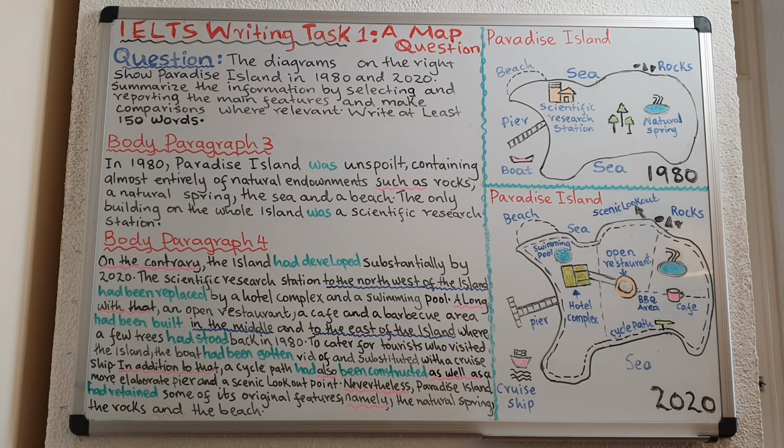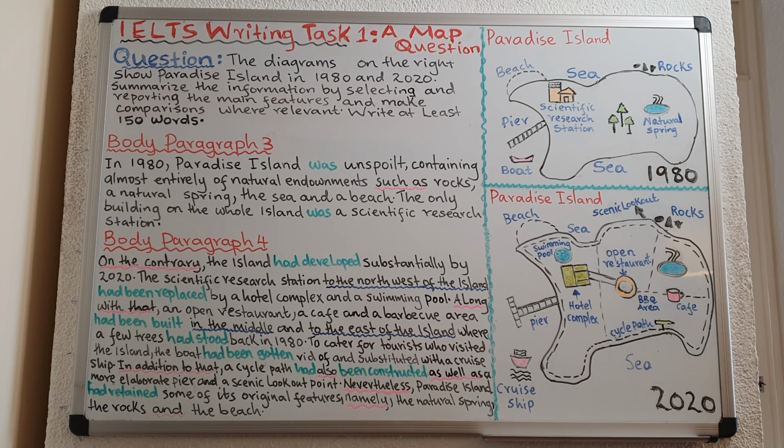Now let's begin. On the contrary, so you see, immediately I'm using a linking word of contrast to show that I am comparing Paradise Island in 1980 and 2020. So on the contrary, the island had developed substantially by 2020.